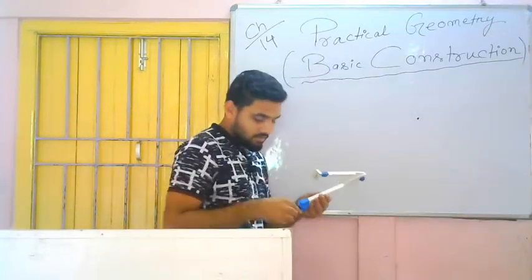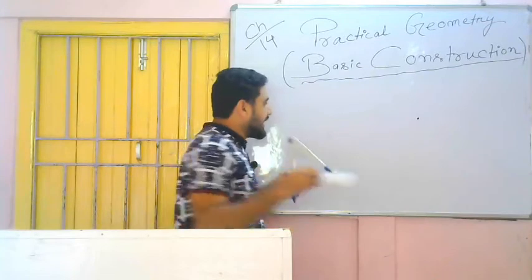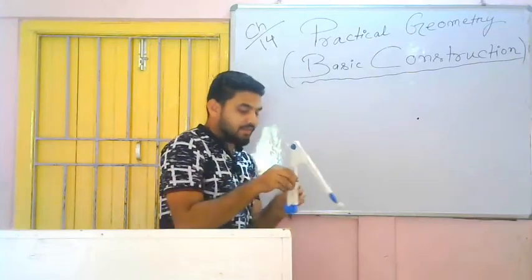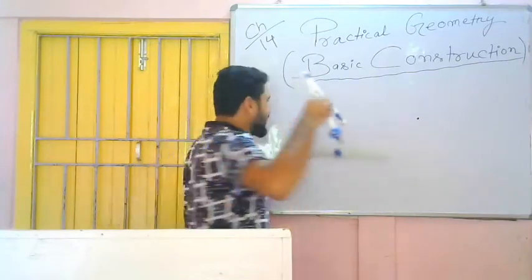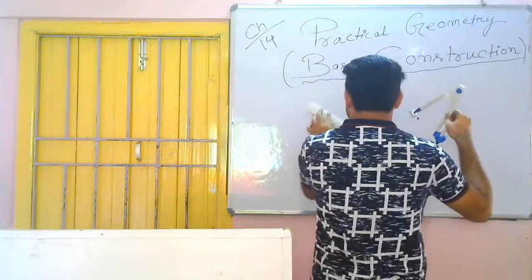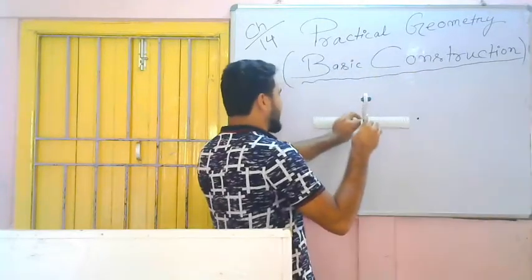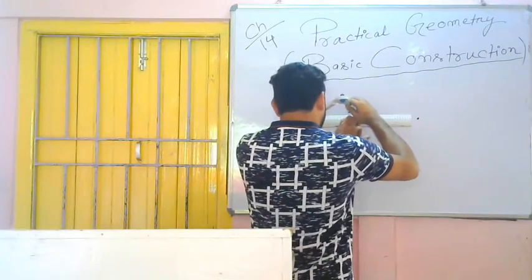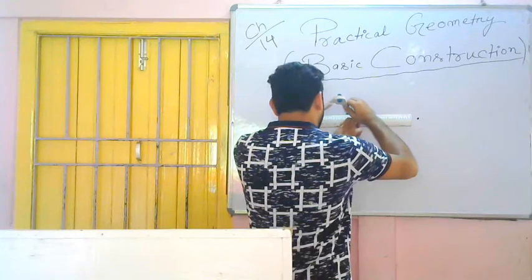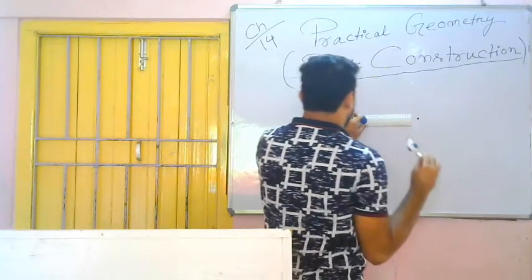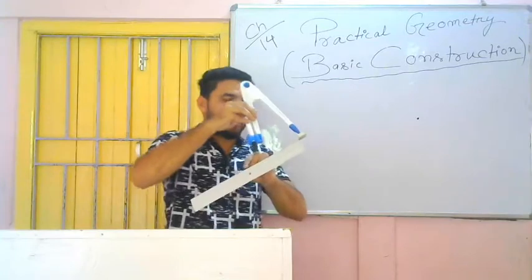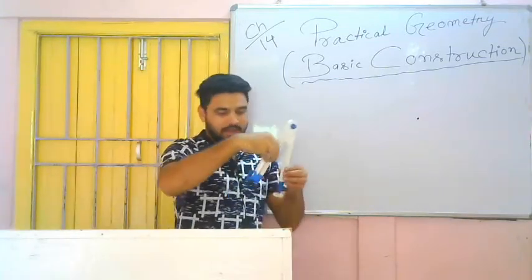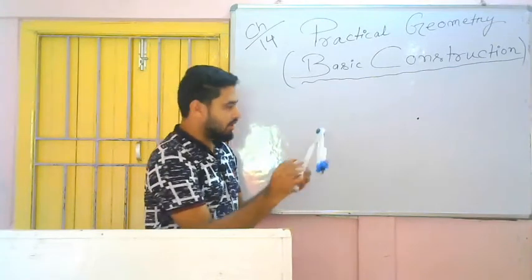Place your ruler like this and take a measurement of 3.5 centimeter. Suppose I have taken it here, this measurement is 3.5 centimeter. You take this measurement with the compass, and don't change it.